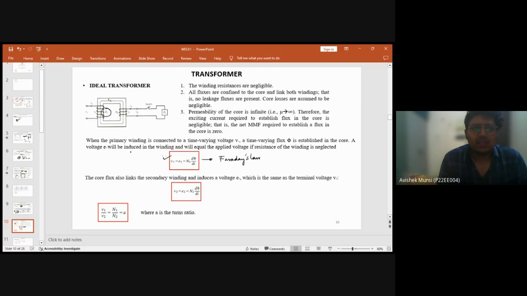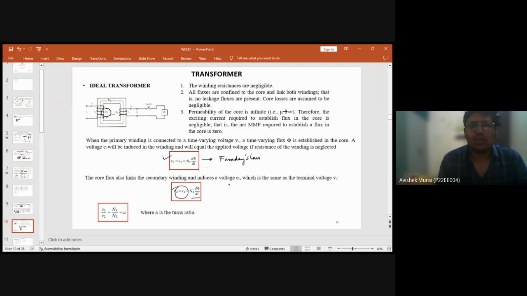Similarly, in case of the secondary, when this flux links into the secondary side, a secondary current is produced. Applying Faraday's law on the secondary side, the EMF or voltage induced at the secondary is N2 dφ/dt.